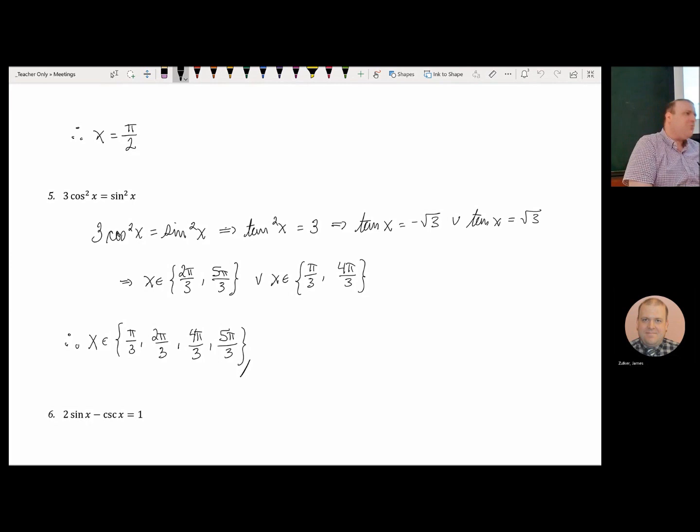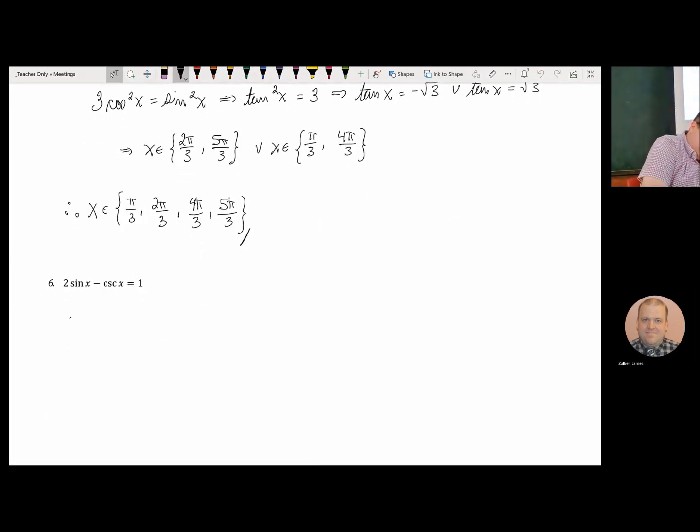Two sine of x minus cosecant of x is equal to 1. Multiply everything by sine.